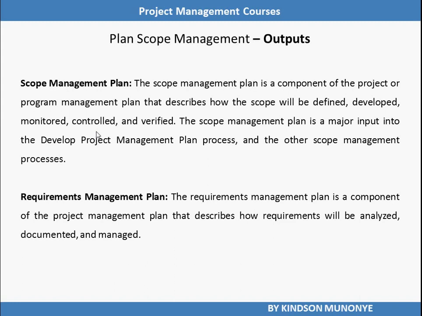Some things contained in the requirements management plan include how requirements activities will be planned, tracked, and reported, and configuration management activities such as how changes to the product will be initiated, how impact will be analyzed, and how they will be traced, tracked, and reported, as well as the authorization levels required to approve these changes.